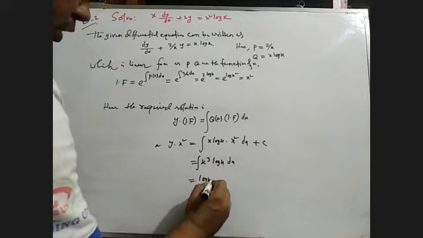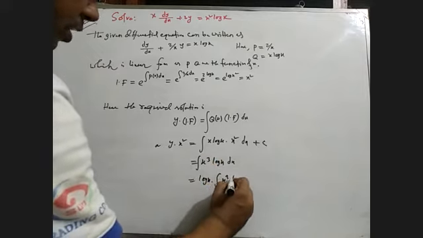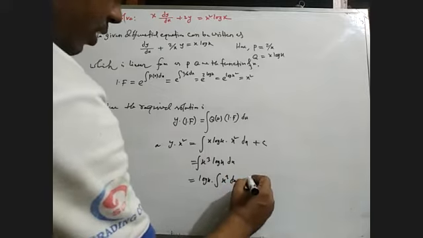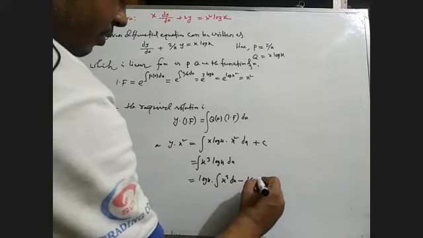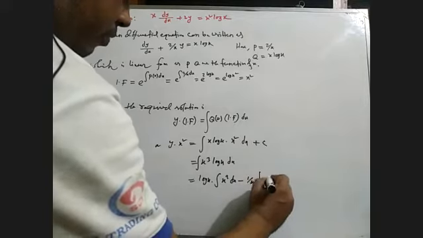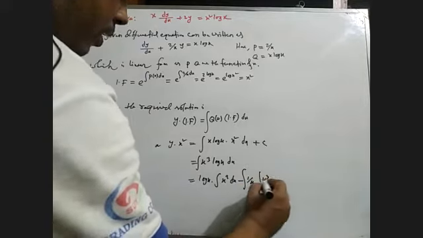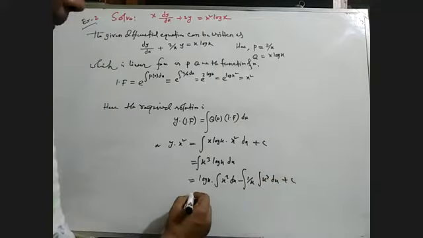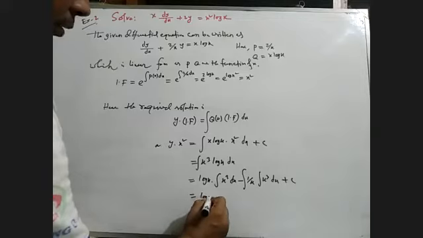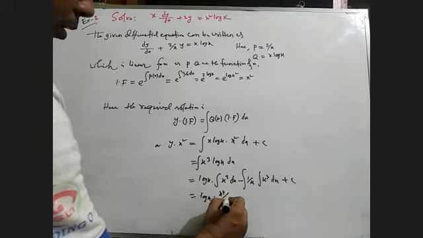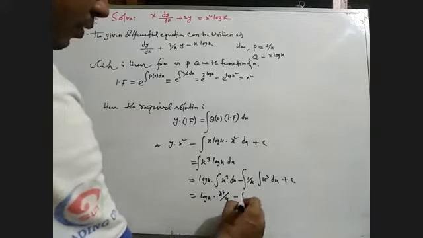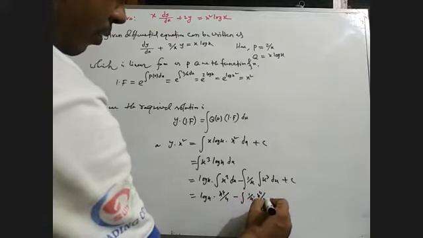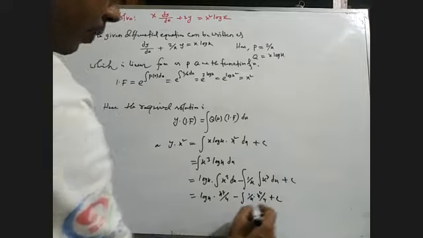So u into integration of x cube dx minus integration of d/dx of log x, which is 1 by x, times integration of v, plus c. So log x times x4 by 4 minus 1 by x times x4 by 4 plus c.